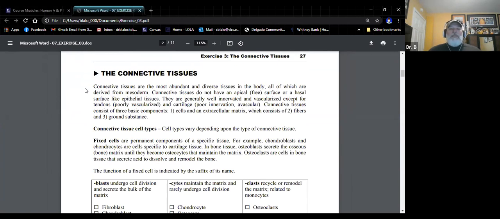We talked about having an apical surface and a basilar surface that we associated with that epithelial tissue. And connective tissue is going to be very different from that. All right. With epithelial tissues, those cells had little to no extracellular space. With connective tissue, the cells are going to have extracellular space. We're going to see distance between those cells.